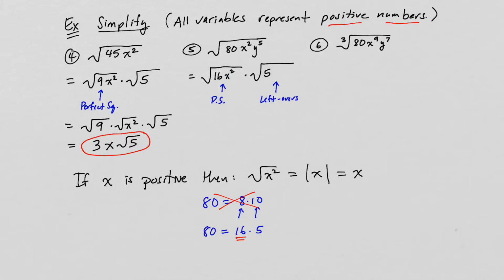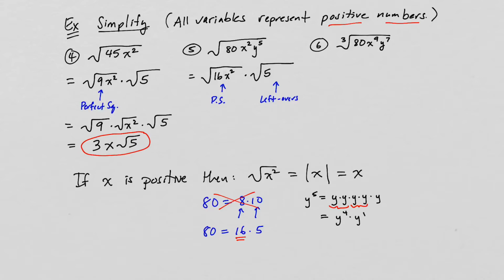Now, y to the fifth is not a perfect square because it's an odd power. Y to the fifth is y multiplied by itself 5 times. So y times y is a perfect square, and y times y here is a perfect square. And so what we have is y to the fourth times y to the 1.